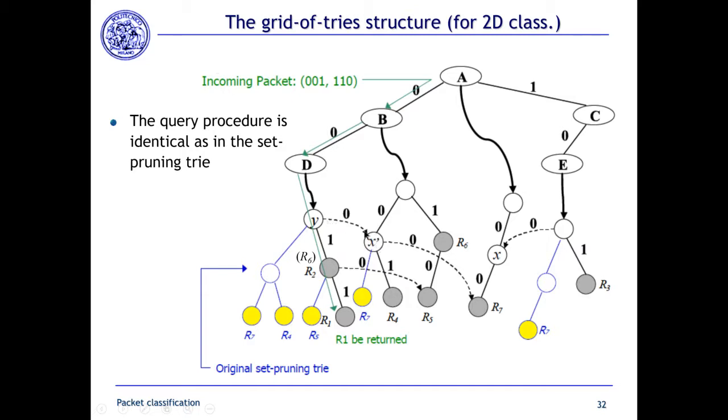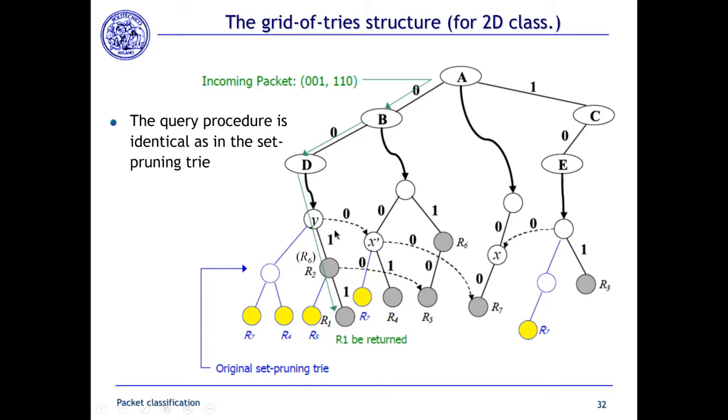So the topology is a grid. This is again a pointer as before, only conceptually a pointer to another tree. It's like a shortcut, let's say.